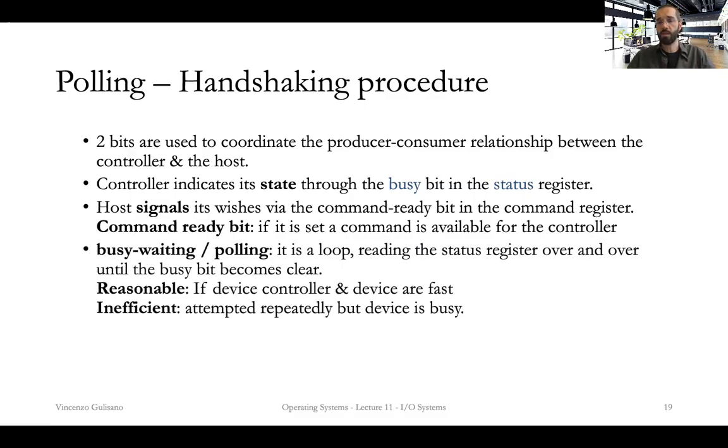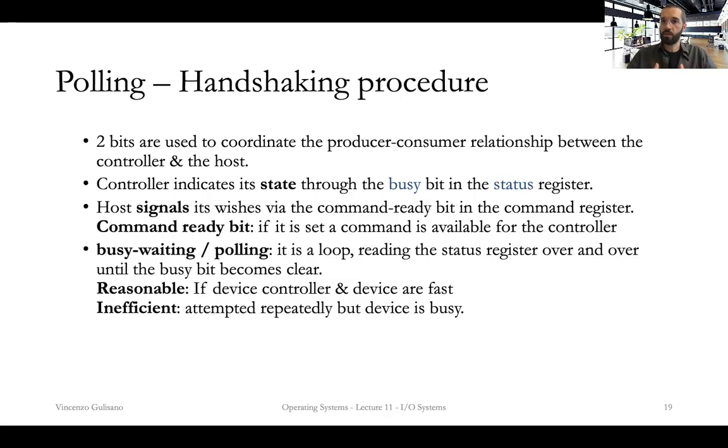And then basically this is going to happen in a loop. So the host, the CPU in our case, will keep reading the status register over and over until the busy bit becomes clear, meaning the device, the controller and the device behind the controller can be used. And now this is not necessarily a bad idea.